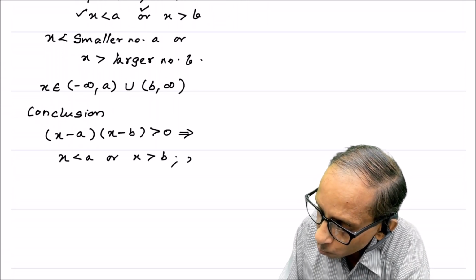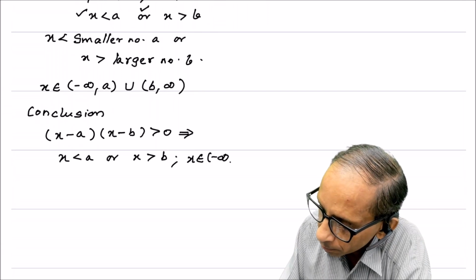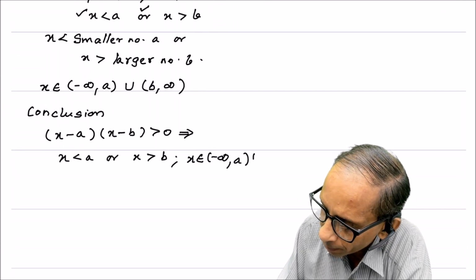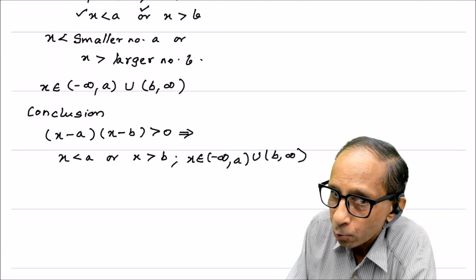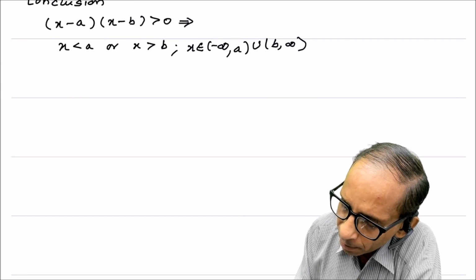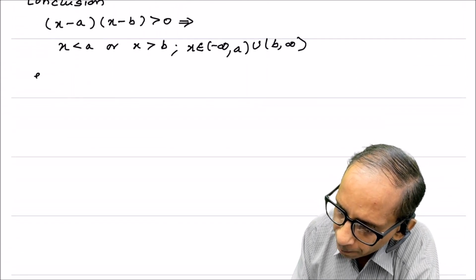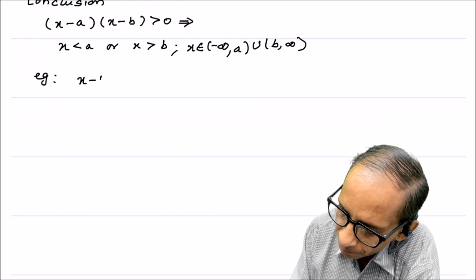We can also write it as x belongs to minus infinity to a union b to infinity. We take up a small example for the purpose of illustrating this particular result.